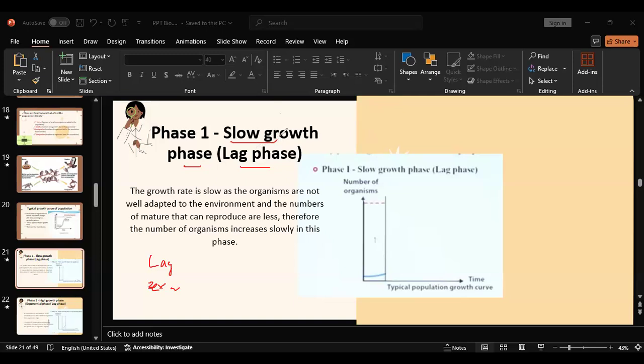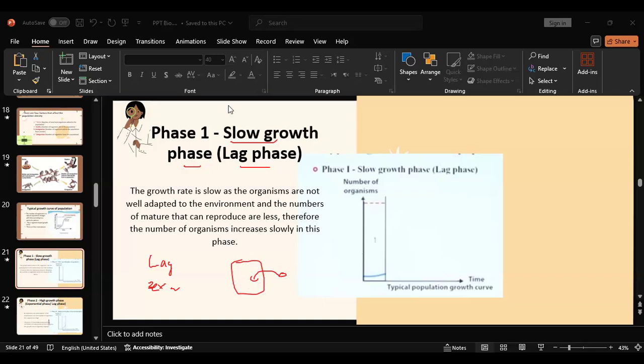Because of this shortage, the population will be low because they are not adapted to the environment. That is the first reason: a new environment, new organisms are introduced, so the organisms are not adapted to the particular environment.